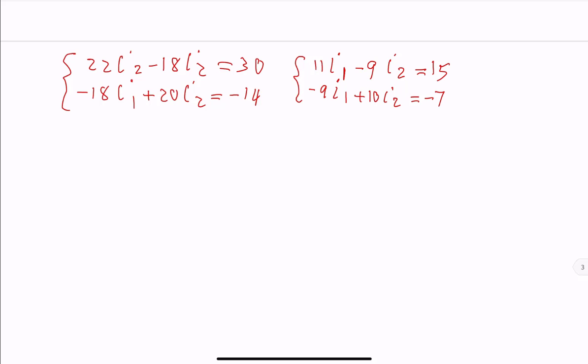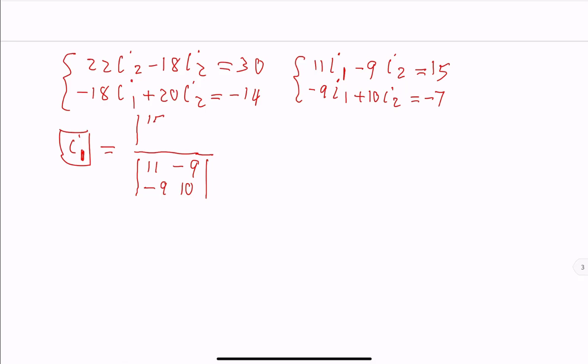Let us find I1 using Cramer's rule. So I1 would be ratio of two determinants, denominator, determinant of coefficients of the left-hand side of the equations, 11, negative 9, negative 9, 10. Numerator, since it's I1, change the first column with the constants on the right-hand side.